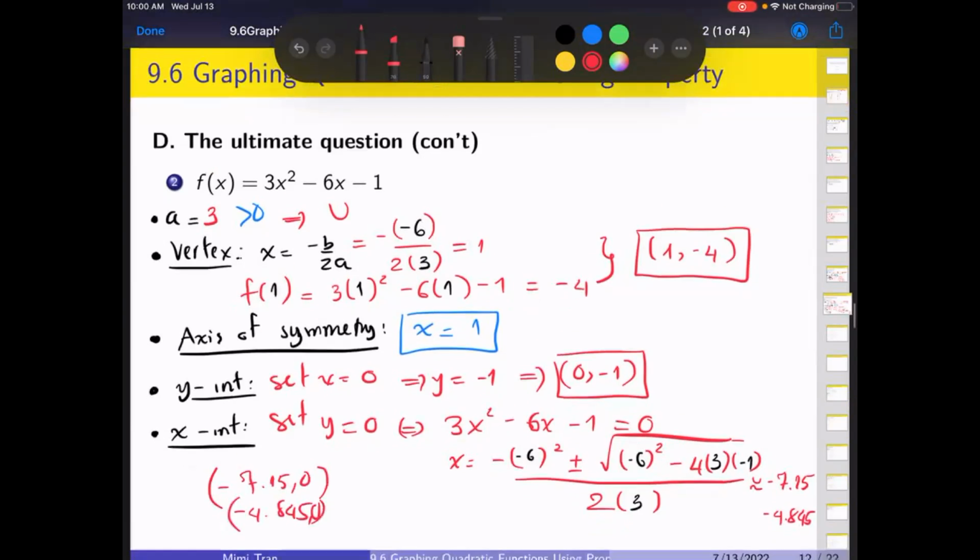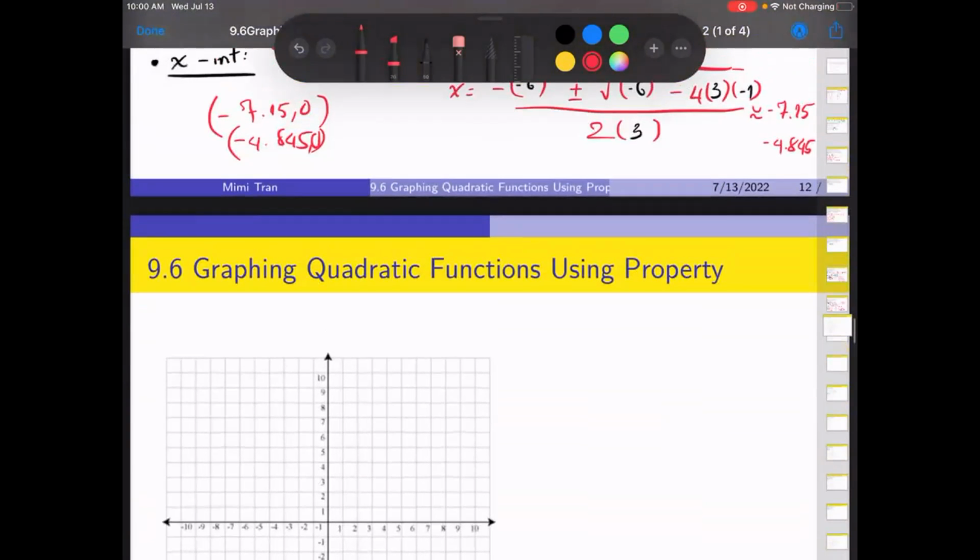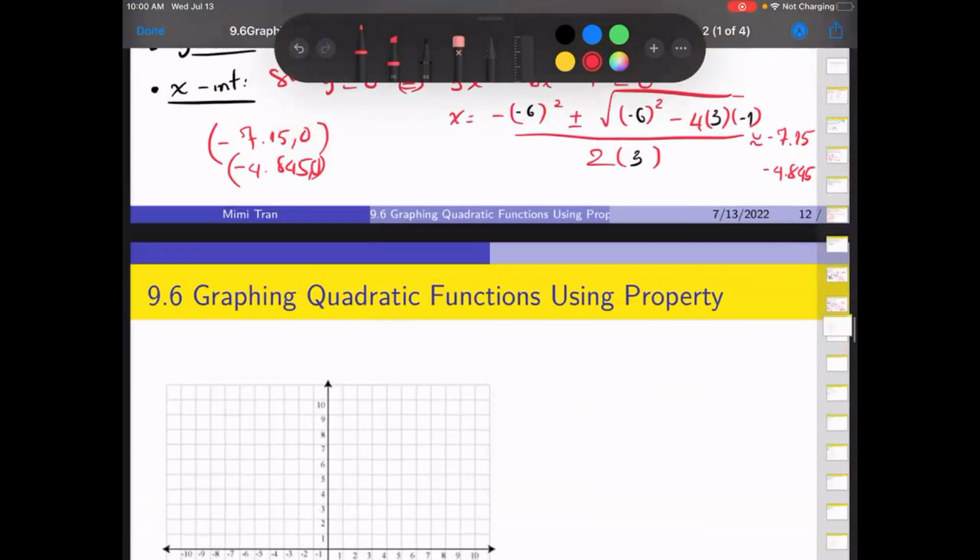Okay, I'm not going to graph it by hand. You can practice it at home. I'm going to show you how to graph it in the calculator again, and then we'll be done with this section.